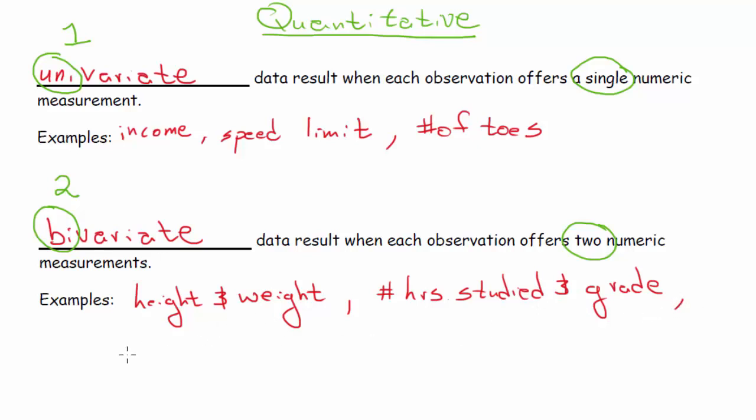Another one I might look at is income and home value. Again, for each person, I'm going to record how much money he or she makes and the value of his or her home. So this would be bivariate when, for each observation, each person or each thing being measured, we're taking two measurements.